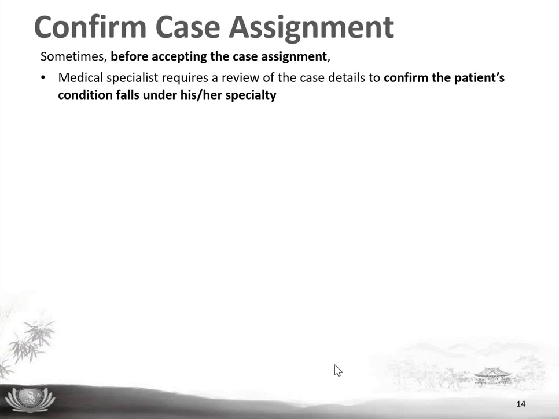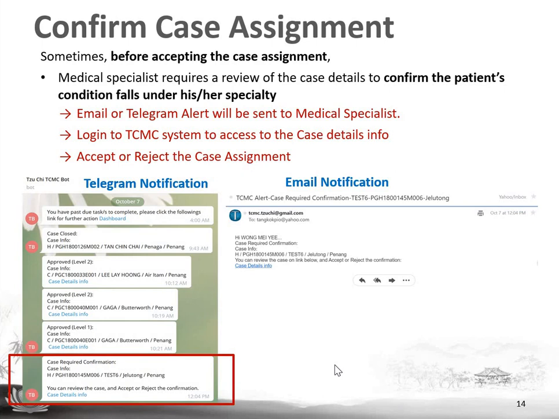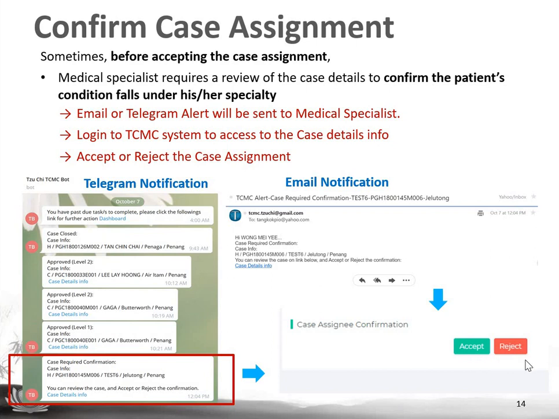Admin is able to trigger a notification, either by email or telegram message, so that the medical specialist can have secure access to this information to protect the confidentiality of the patient's data. Medical specialists can then click accept or reject after reviewing the case details in the system.